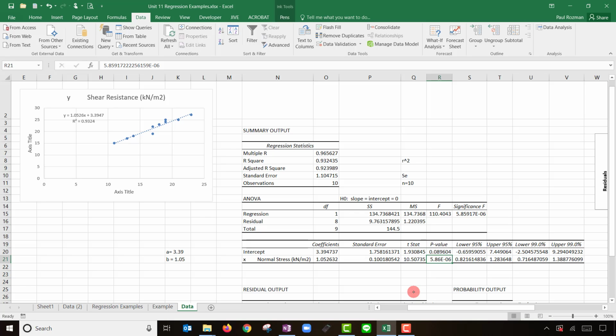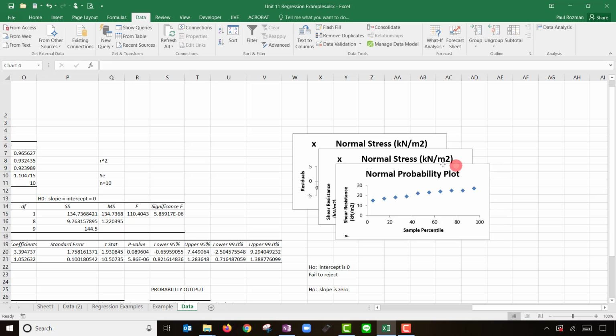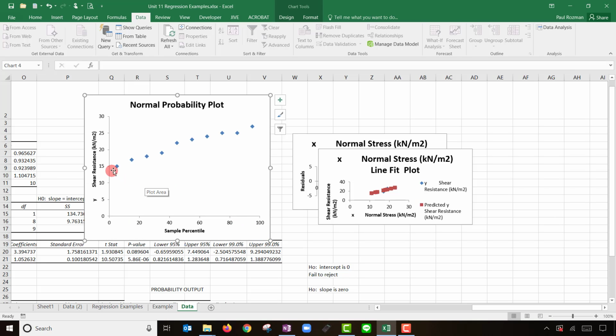I said I just waved my hands at bivariate normal distribution. We could look at some of the other plots that Excel gives us. It does a normal probability plot. We learned in another lab that a straight line means you're achieving normality.